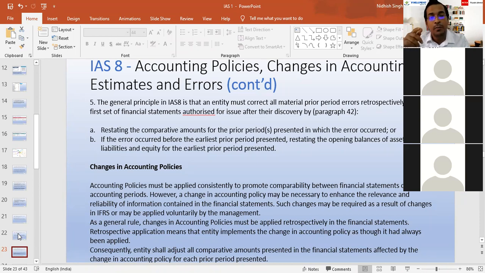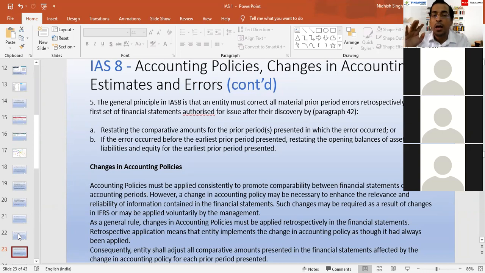Now, the second point is a little complex. If the error occurred before the earliest prior period presented, restate the opening balances of assets, liabilities, and equity for the earliest prior period presented. In simple language, you remember the example of 2020, 19, and 18, right?